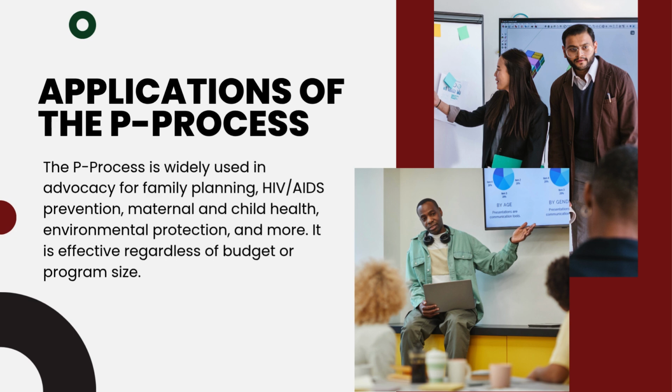Here in the Philippines, imagine using the P process for anti-plastic campaigns, voter education, or disaster preparedness. It's adaptable. Whether you work in schools, LGUs, or NGOs, it doesn't matter, even if you have a small budget or a national program. The P process can scale up or down.